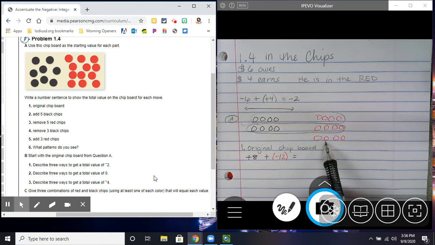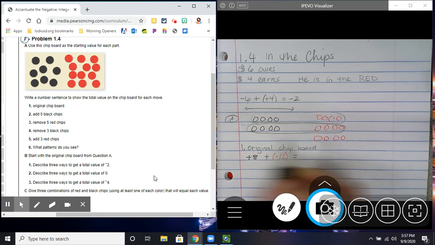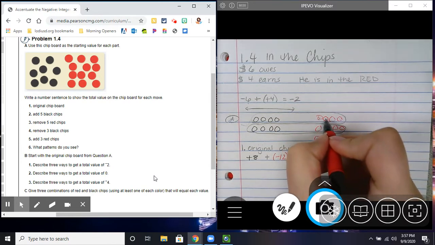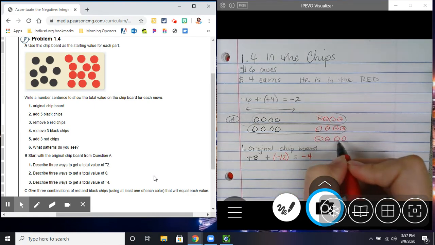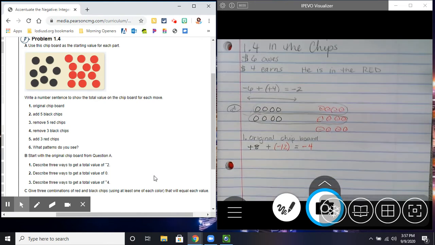What you are left with is 4 red chips, so we are left with -4, because these are all negatives. So that's number 1.